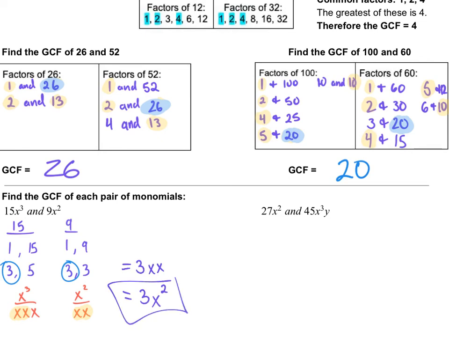All right, let's look at our factors of 27. And since we have x squared, we know we have an x and an x. All right, we got 1 and 27, 3 and 9. I think that's it.